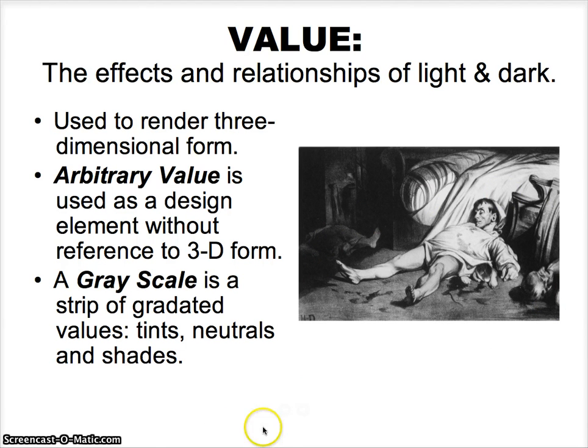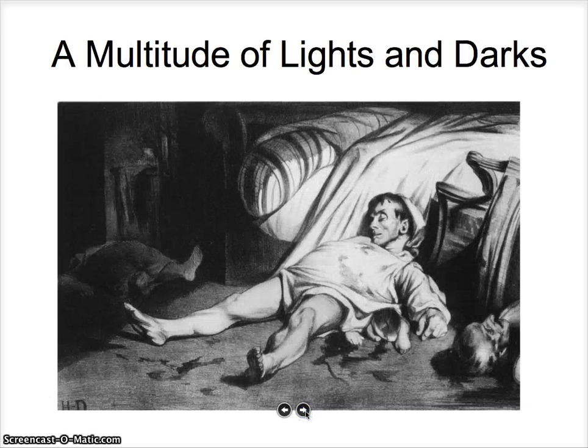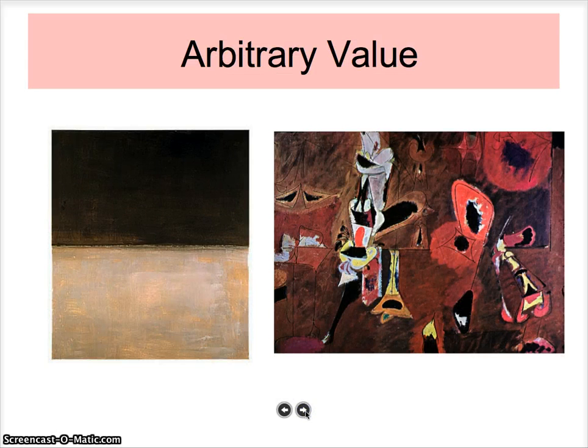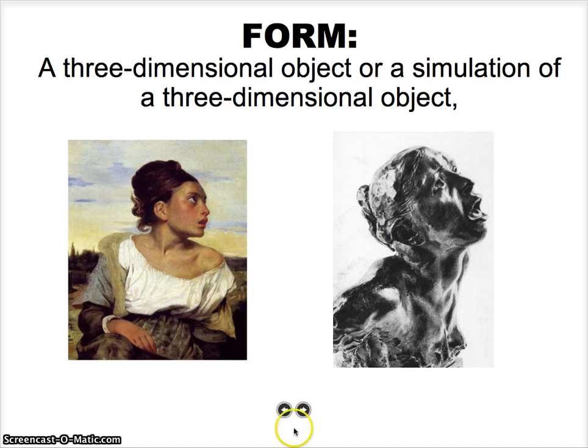Okay, so a grayscale is used to determine where and how much to put the lights and darks. Arbitrary value.